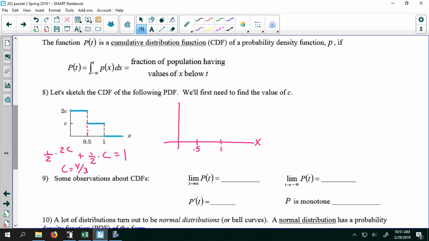Okay, so let's think about this in terms of age. We're going to have this be age 0, this be age 1. So maybe this is like an infant daycare. And we're talking about the percentage of the population whose age is less than a half. So the percentage of the population whose age is less than 0.5 is the area of this rectangle. What's the area of that rectangle?